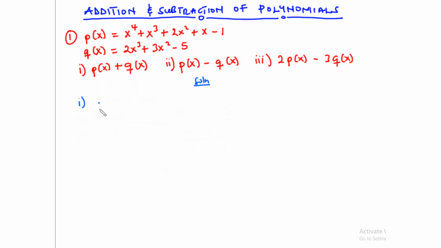So for (i), we have p of x equals x exponent 4 plus x cubed plus 2x squared plus x minus 1. And then we have q of x to be 2x cubed plus 3x squared minus 5.